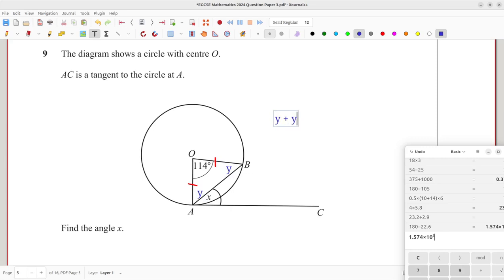Y plus Y plus 114 should give us 180, since the sum of angles in a triangle is 180. Then your 2y is equal to 180 minus 114.